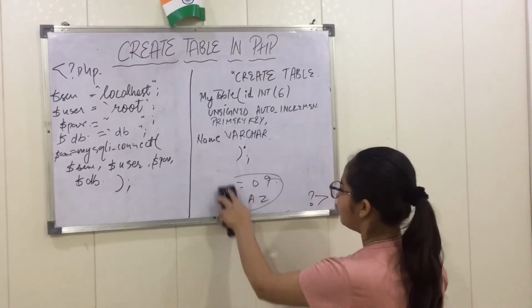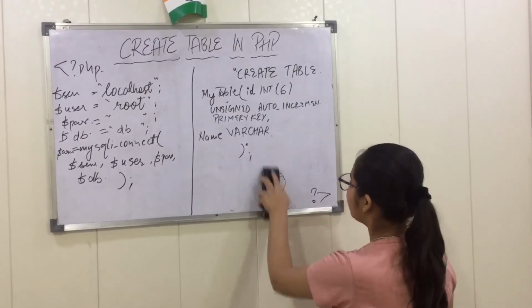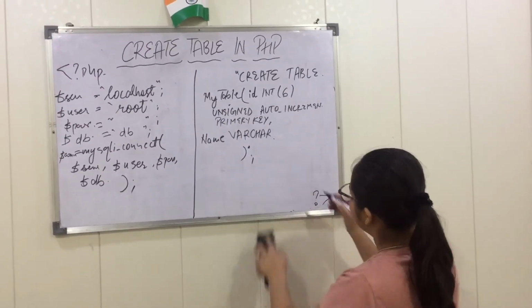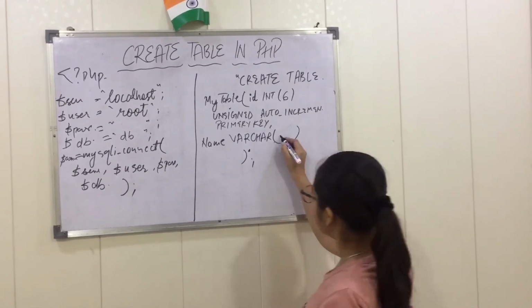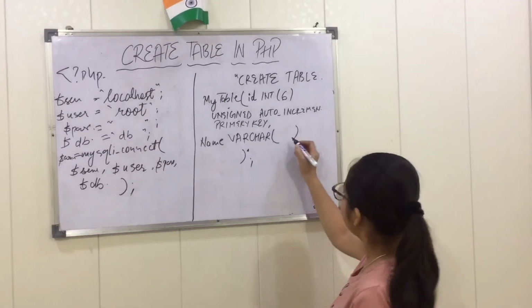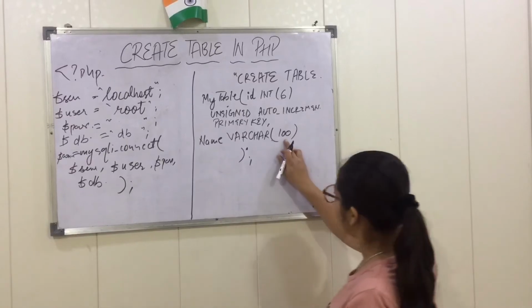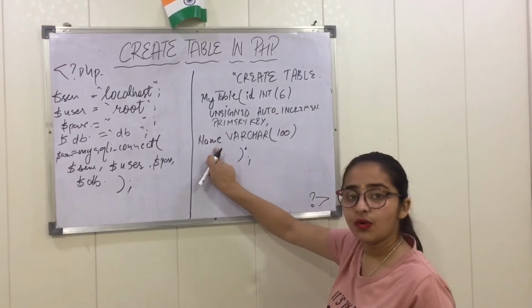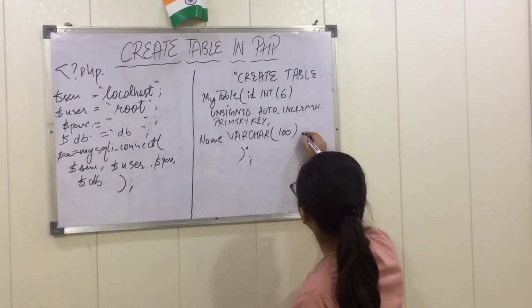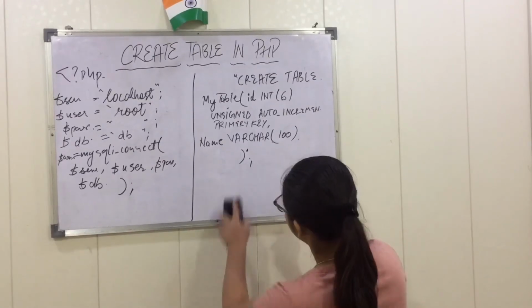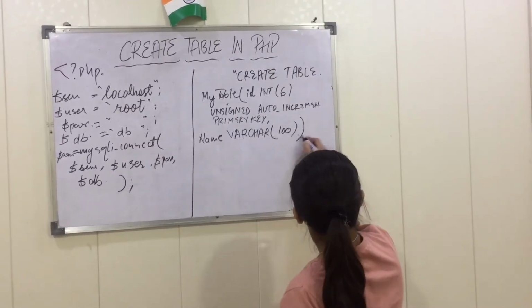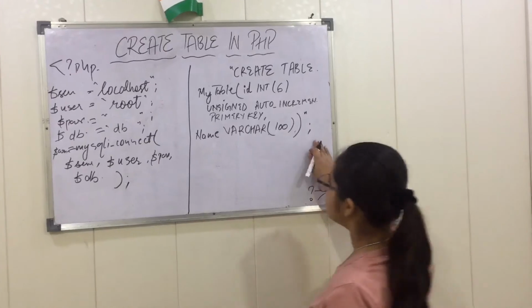That is why we have written varchar for values up to 255. Suppose I am taking here the value 100. So up to 100 I can write the value of my name. After that these quotes are being closed here, double quotes and then a semicolon.